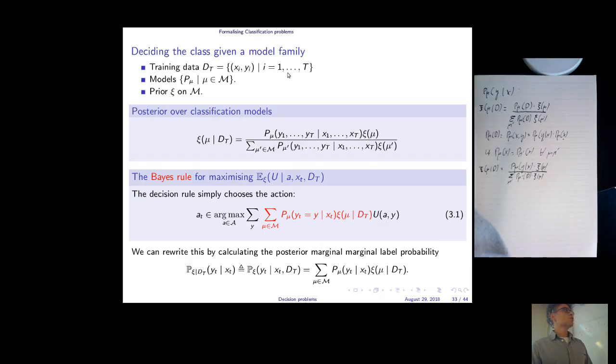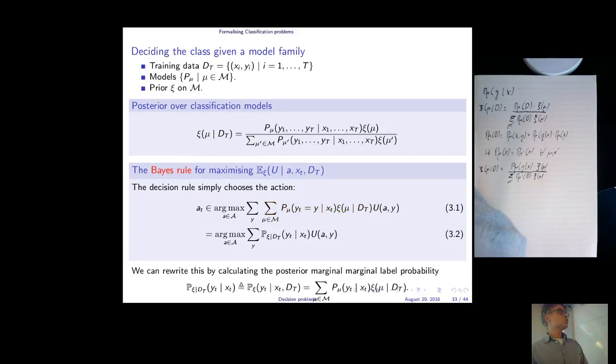Okay? So if you can do this calculation, which is not always trivial, then actually making the optimal choice is pretty simple. And tomorrow we will go on to what you'll do in cases where this is not trivial to do. There are approaches called maximum likelihood and maximum a posteriori, and they are more related to things like neural networks.